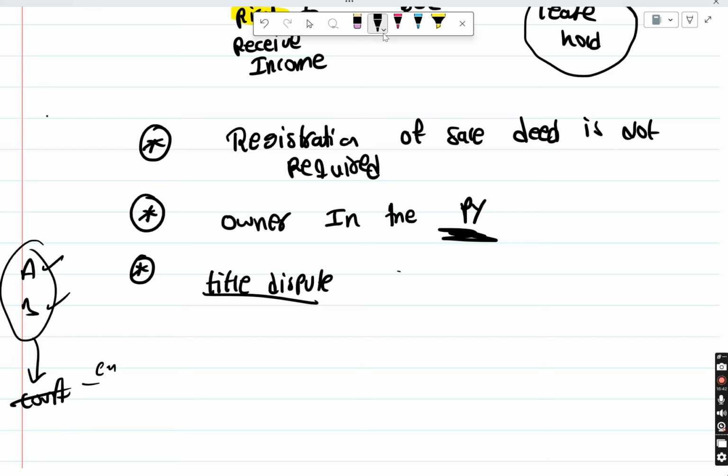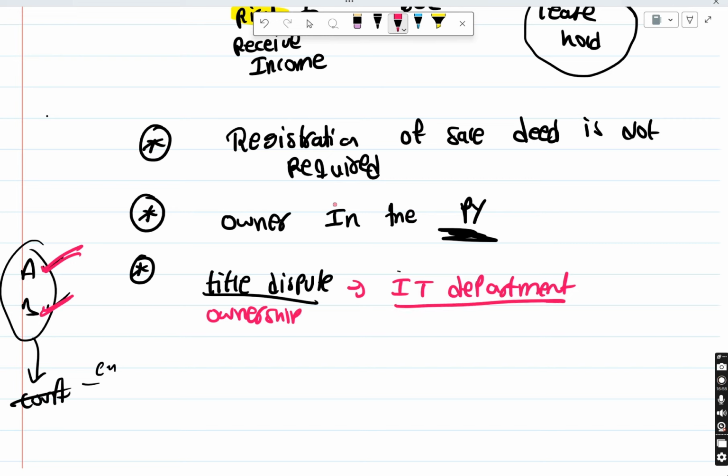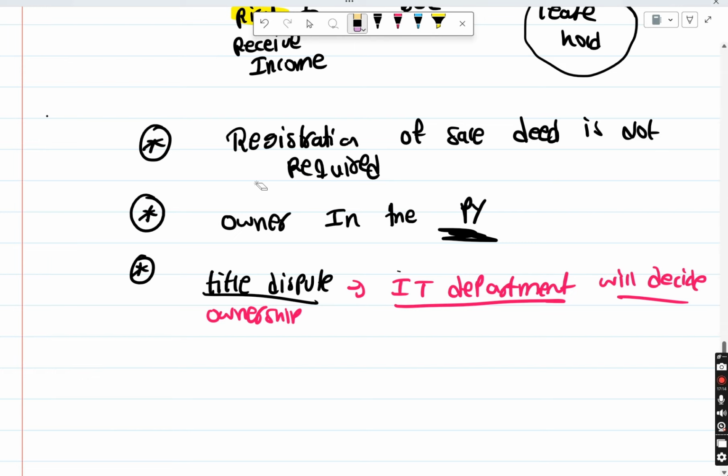The income tax department will decide on whose hands to charge tax, until the court decides. That's all about these conditions.